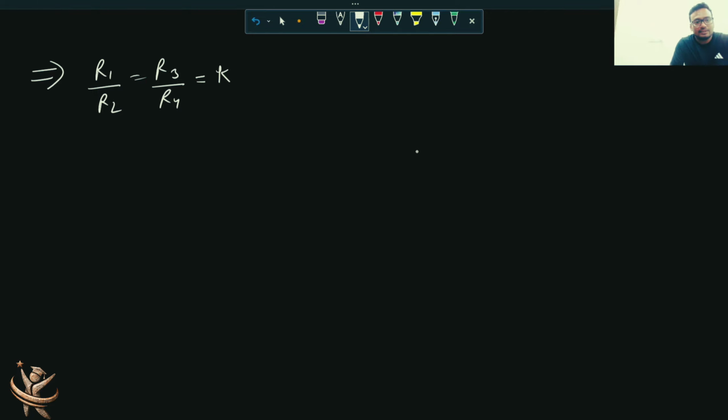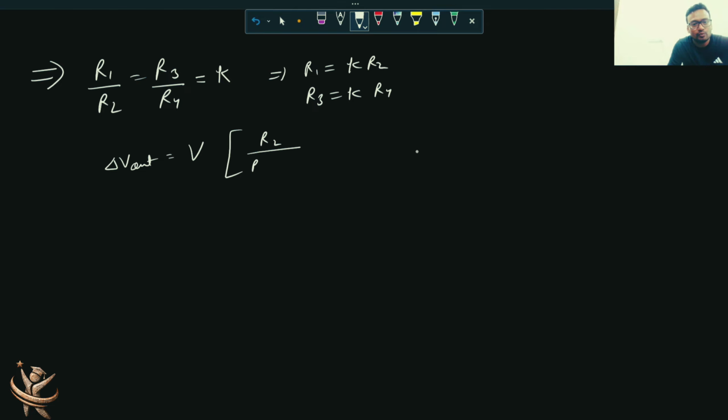So let's start with this case. From this we can say R1 will be K times R2 and R3 will be K times R4. Now let us find that delta V out. What was it? It was V times, as you can check above, R2 by R1 plus R2 minus R4 divided by R3 plus R4, right? So that was the expression.